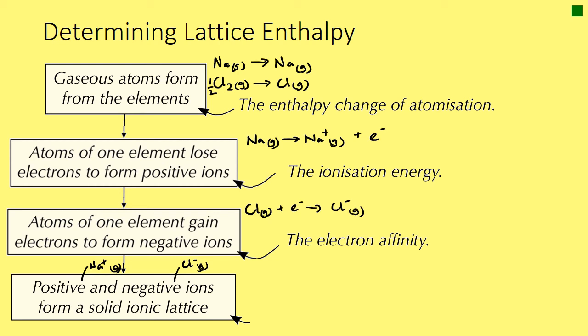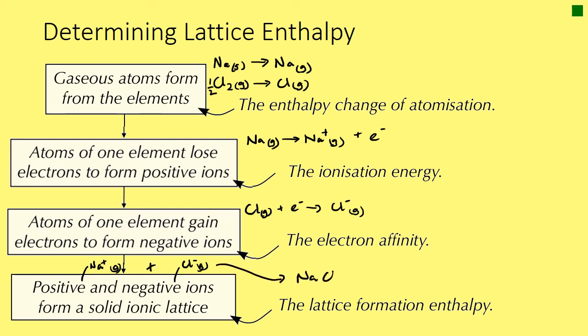And that step, as we now know, is our lattice formation enthalpy. So when we add them together, we're going to make our sodium chloride. And that sodium chloride would be solid at standard conditions.